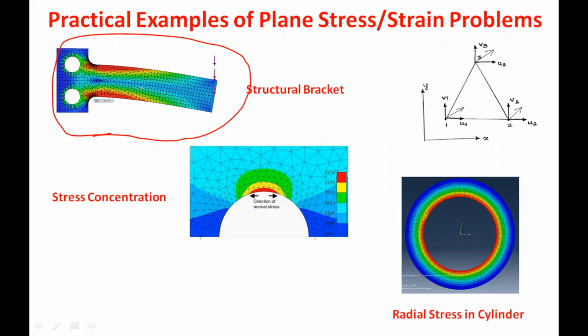So, we are going to consider any one element which is present inside this finite element mesh for solving that problem. We are not going to solve the problem at the structural level. We are going to take any one element in the finite element mesh, and for that element we are going to apply all those concepts. If you understand this concept, then the same concept we can extend to the structural level problem.